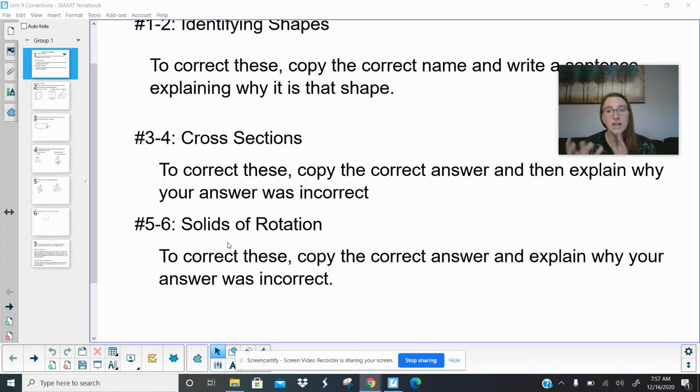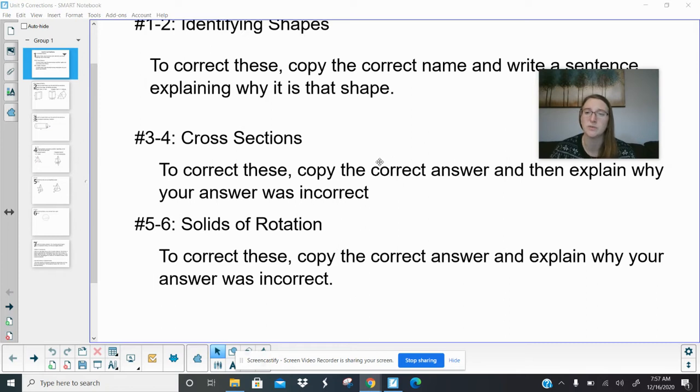You can't rotate something and create a squared-off edge, like a cube. So for 5 through 6, if you put a cube or a pyramid or something like that, we can't do that. It's only the rounded shapes because, again, we rotate, and that causes curved edges. So try your best for 1 through 6, but it's not a huge deal. Like I said, if your explanation is not great, just make sure you copy down the correct answer at least.